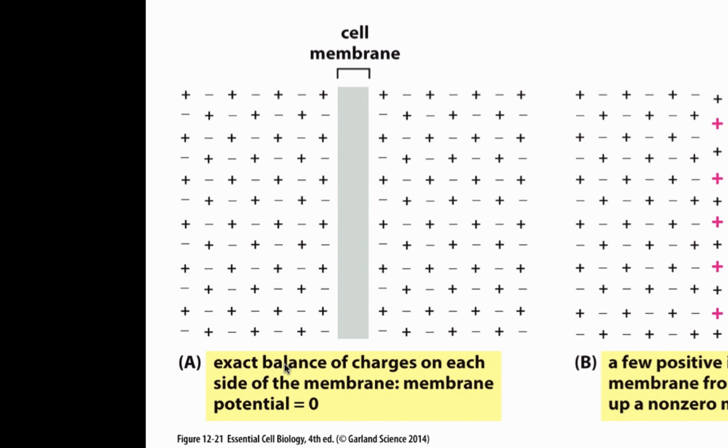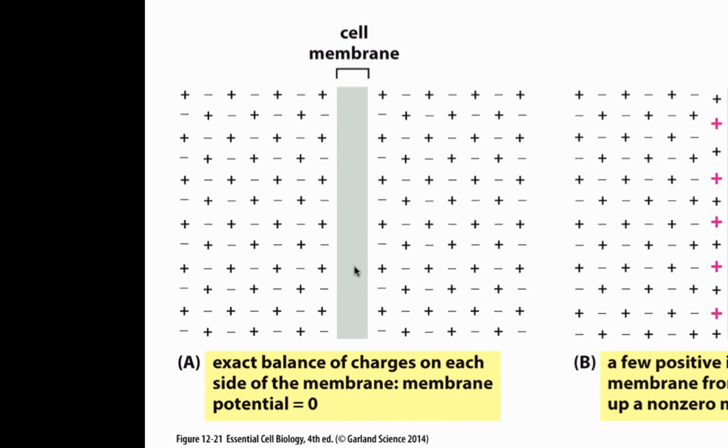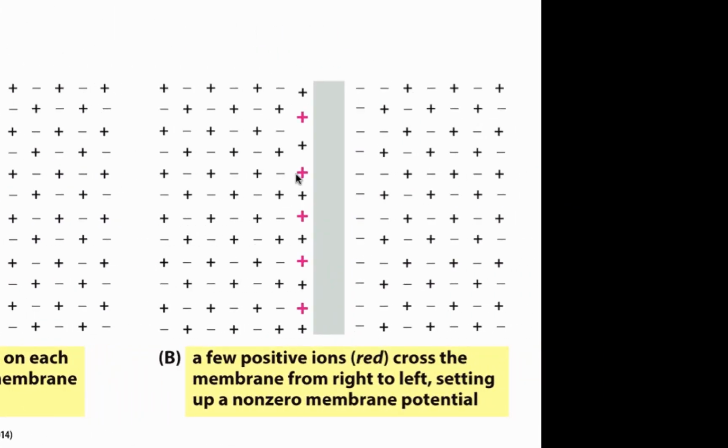When you have an exact balance of charges on each side of the membrane, since both positive and negative are balanced and equal, the membrane potential of that system is 0. However, when you have an imbalance, because you have more positive ions on one side of the membrane or more negative ions on the other side, that has now generated a membrane potential that is non-zero. And that is the example on the right.